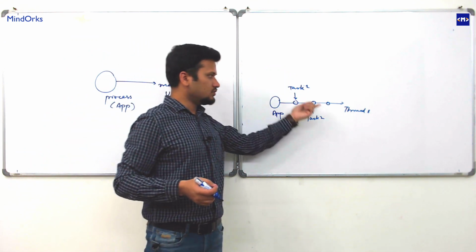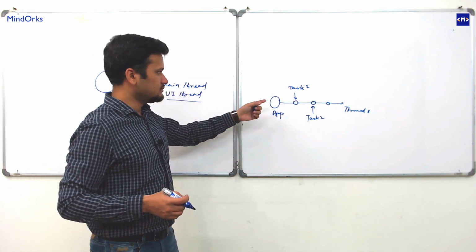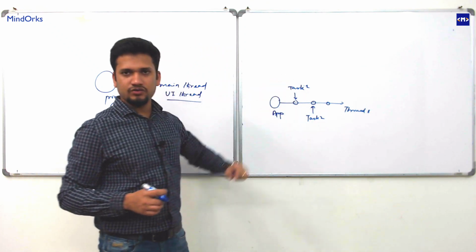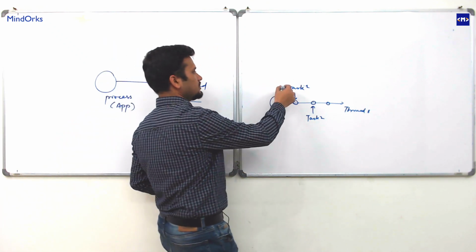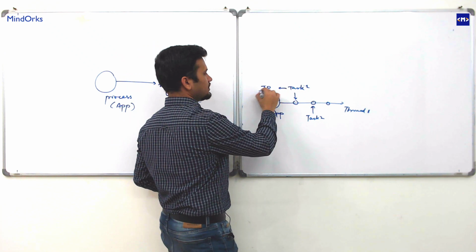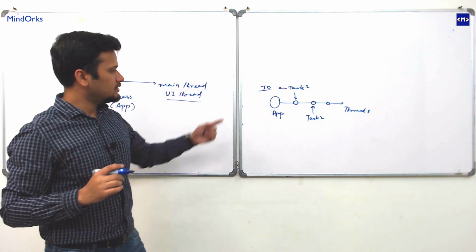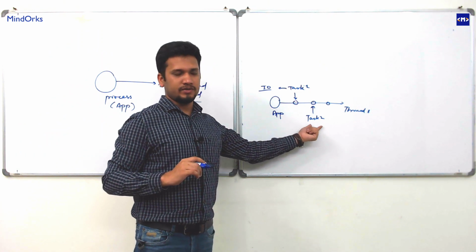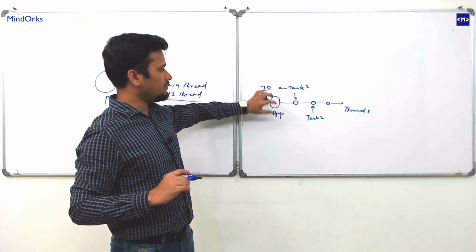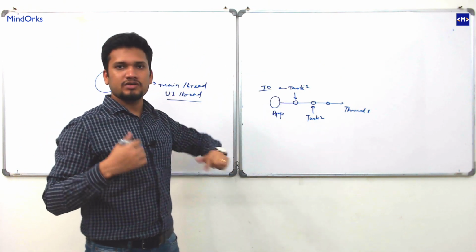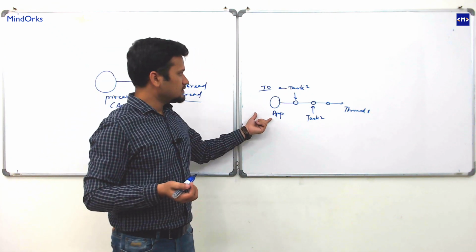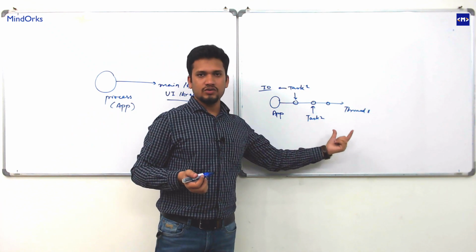So you can do multiple tasks, but each task has to wait for the previous task to finish. Suppose it was waiting for some input from the user, then you cannot use this thread to make a network call, for example. This is a waste of your CPU cycles, that is, the processing power that you have. So this system is not useful.